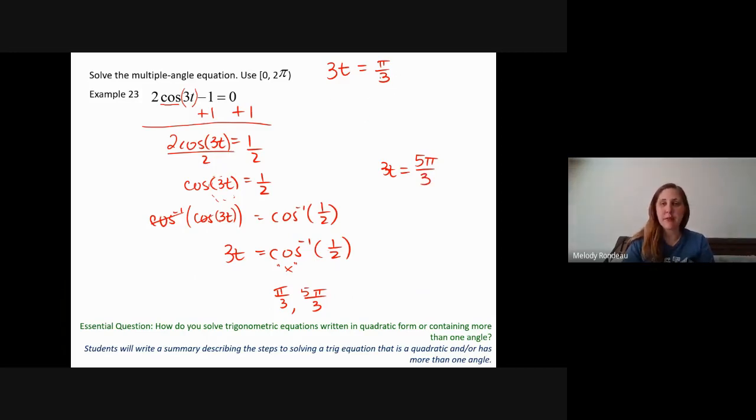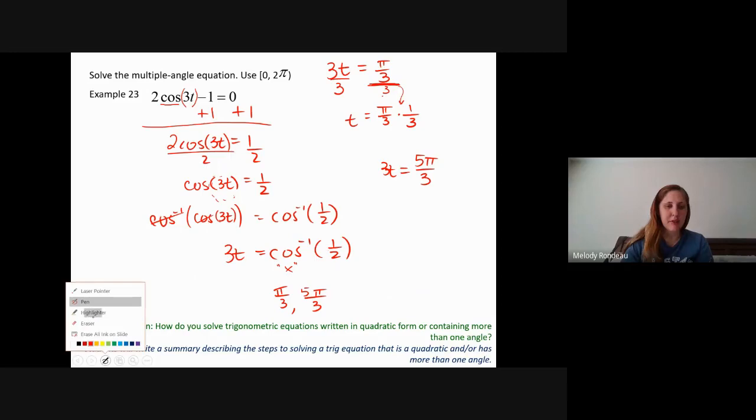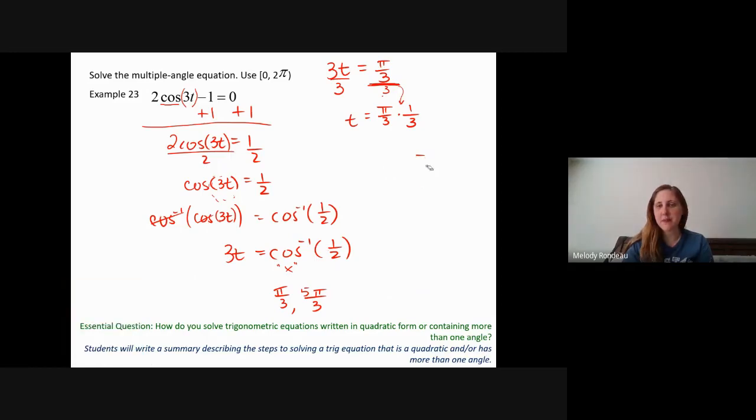So to solve this one, I want t by itself. So I'm going to divide by 3. Remember, dividing is the same as multiplying by the reciprocal. So instead of divide by 3, I rewrote it as multiply by 1/3. And I did not give myself enough room. I'm just going to erase this and put it back in a second. Okay, so then I end up with one of my possible answers for t is pi over 9.